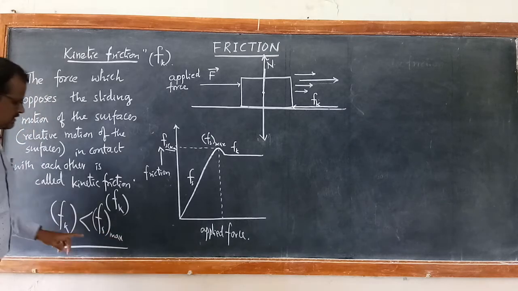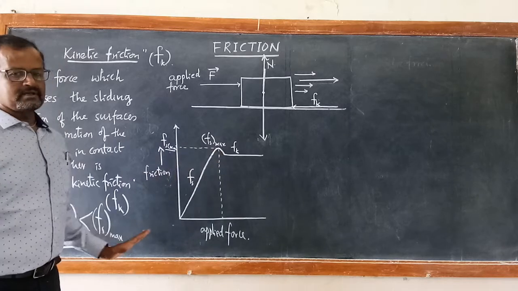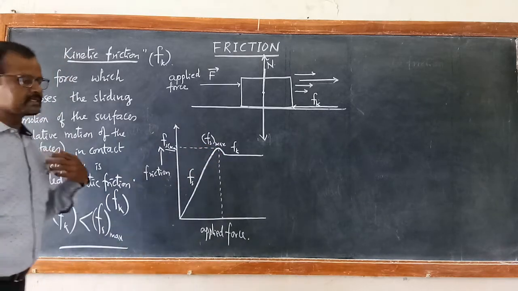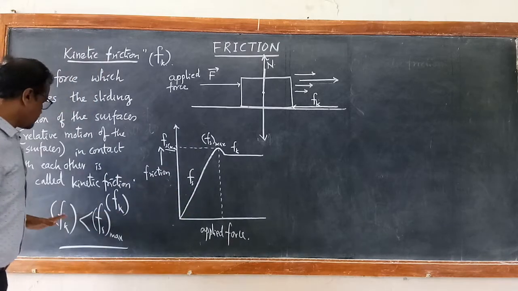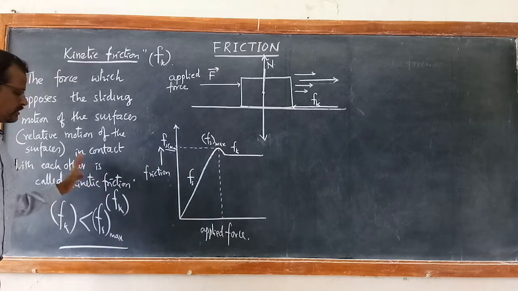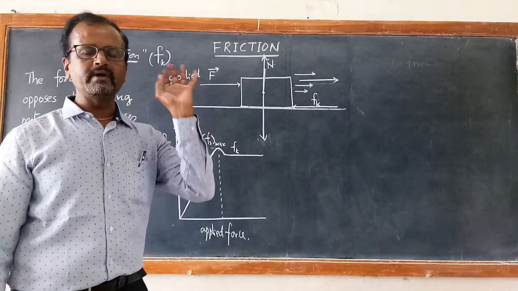It is less than the limiting value of static friction, which is evident from the graph also. So once the body is sliding, the force of opposition that comes into play is called kinetic friction, which is less than the maximum or limiting value of static friction.